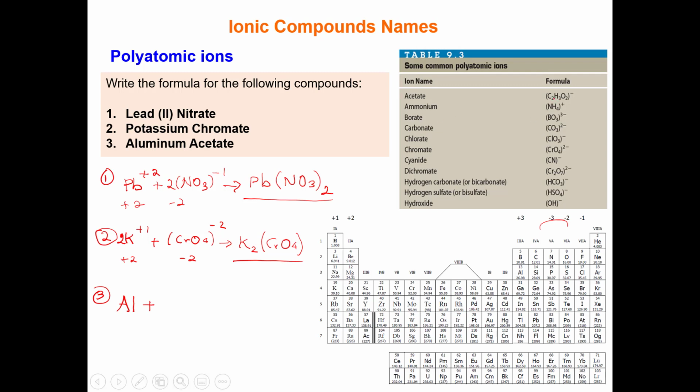And aluminum is just here, and it's plus 3. Aluminum is plus 3, then we will write here plus 3. And then acetate, let's write the complete unit, and the complete unit is negative 1.